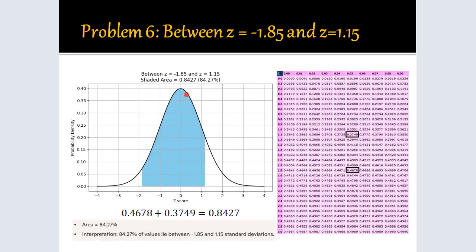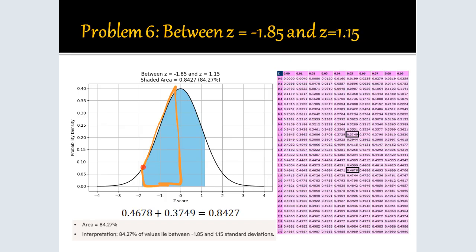So problem number 6. Between z is equal to negative 1.85 and z is equal to 1.15. So let us get first the area between negative 1.85 and 0. Looking at 1.85, that will give us 0.4678. So from this one up to 0, this is negative 1.85, and the area is 0.4678.